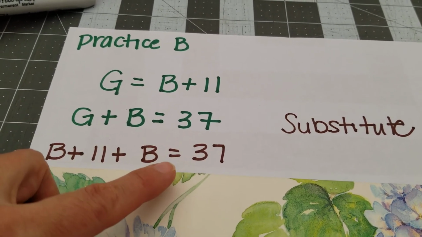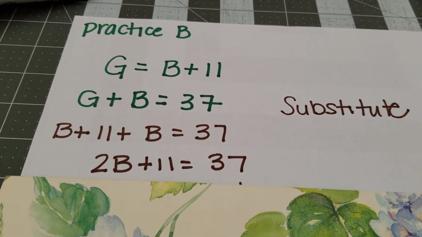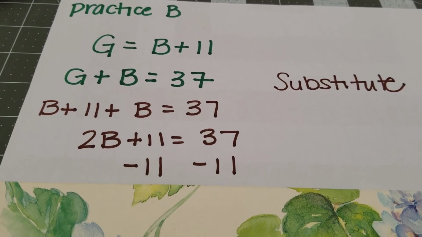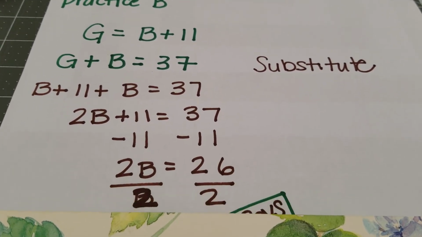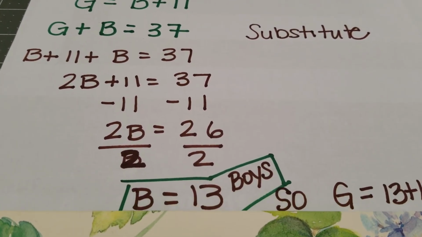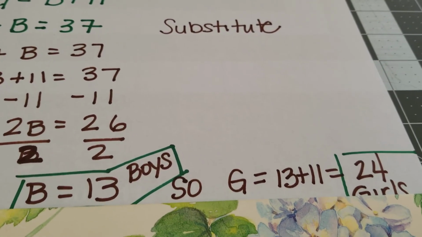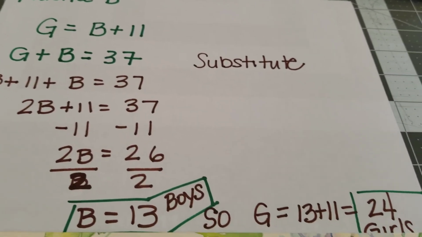I combine my like terms, so 2B plus 11 is equal to 37. Subtract 11 from both sides: 2B is equal to 26. Divide both sides by 2, and B is equal to 13 boys. So girls is equal to 13 plus 11 from my first equation.